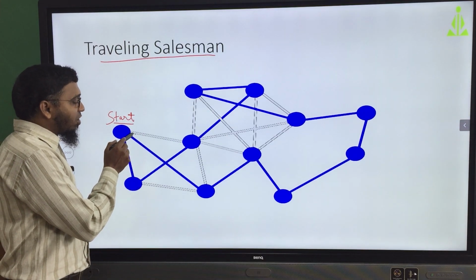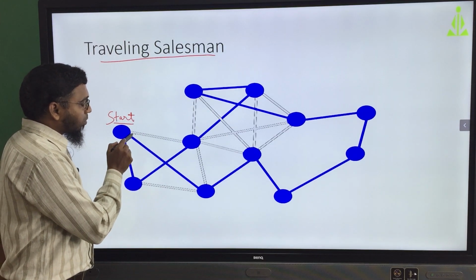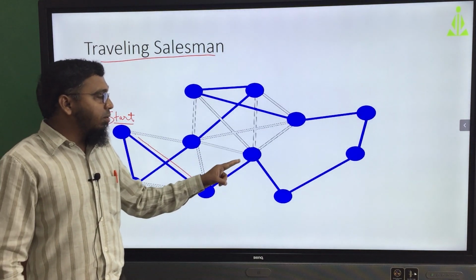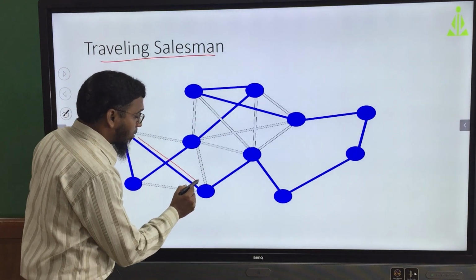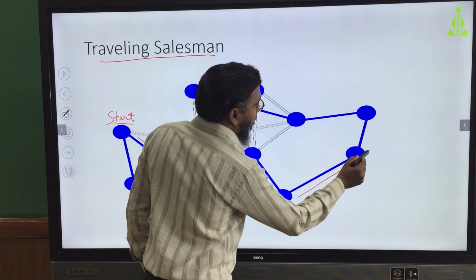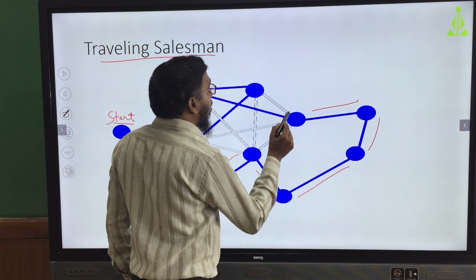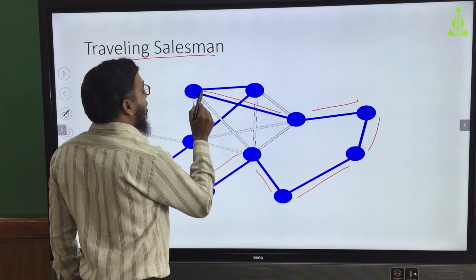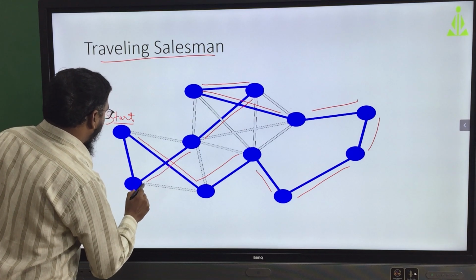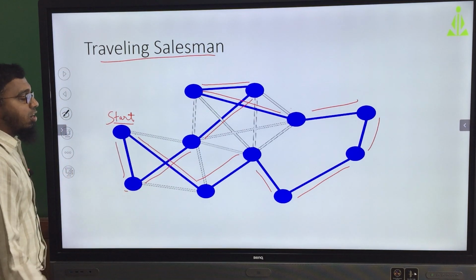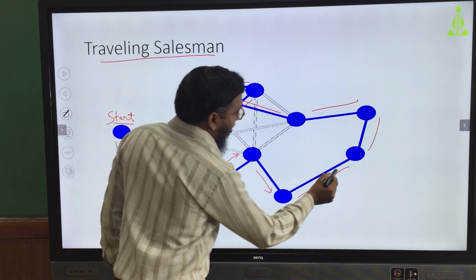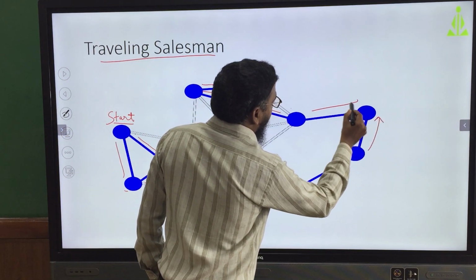It is starting from here, then it goes here, then next, then again here, here, here, it is visiting each once and it is going here, and the last like this. It is traveling like this.